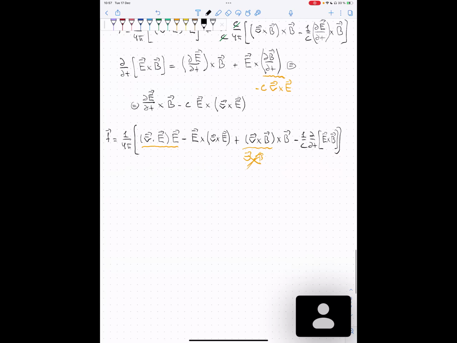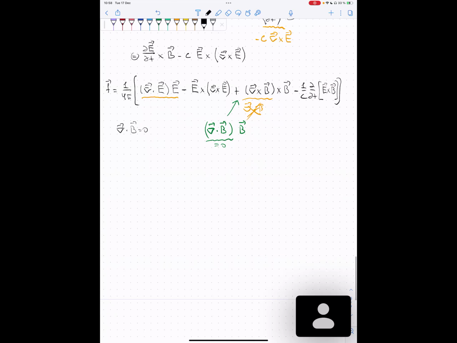But we remember that the divergence of B actually equals 0. So what we can do is insert here something like the divergence of B multiplied by B. We can just put it here because this term equals 0.